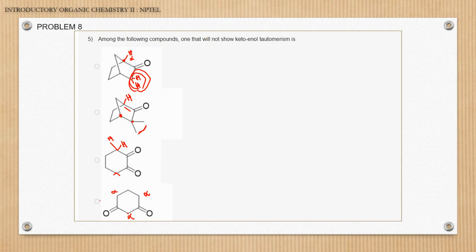D is also going to give keto-enol tautomerism, having higher acidic alpha protons. But only B is the one in which you cannot see keto-enol tautomerism, even though you have an alpha proton present at the center. So option B will be the correct one. So is it clear why option B is not going to show keto-enol tautomerism?